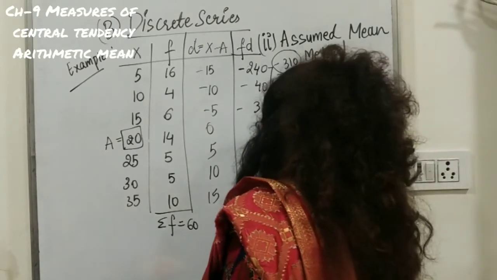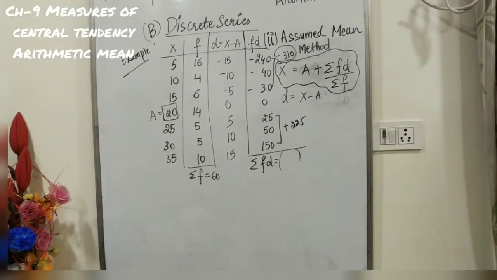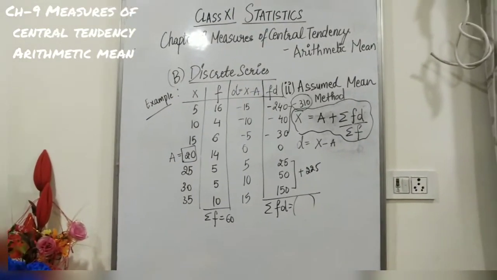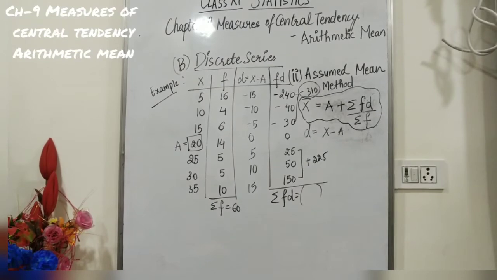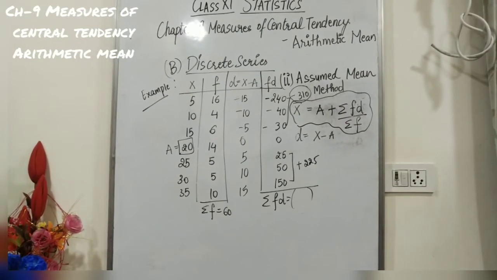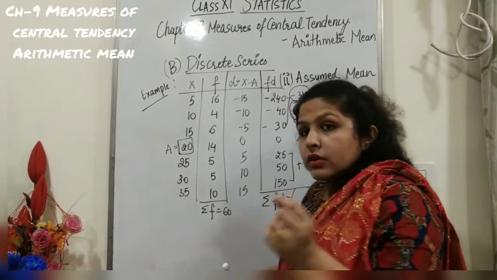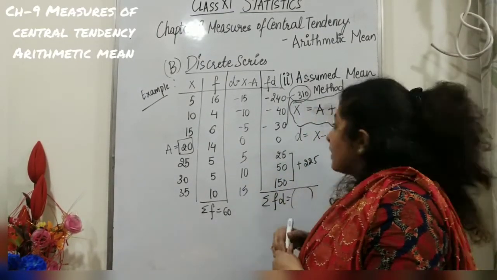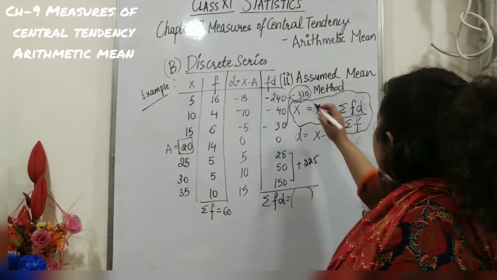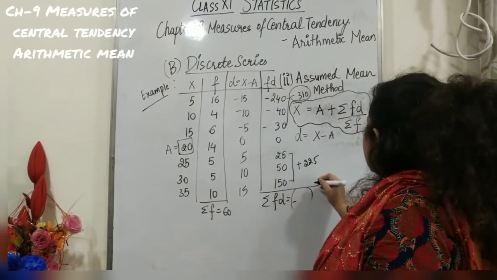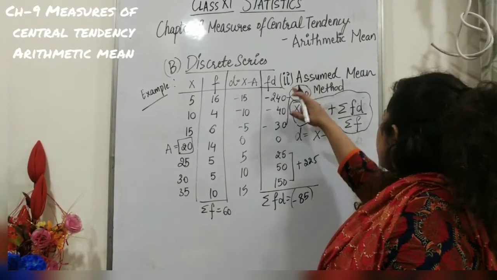So summation fd will be, taking the plus and minus things, plus 225 and minus 310. So we will subtract 310, so it will be minus 85.